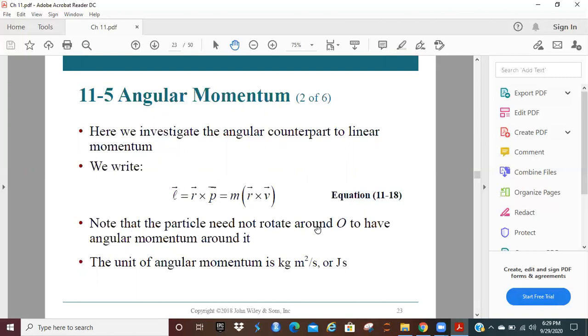Notice that the particle doesn't need to rotate around O to have angular momentum. The units of angular momentum are kilogram meter squared per second, or joule seconds, sorry.